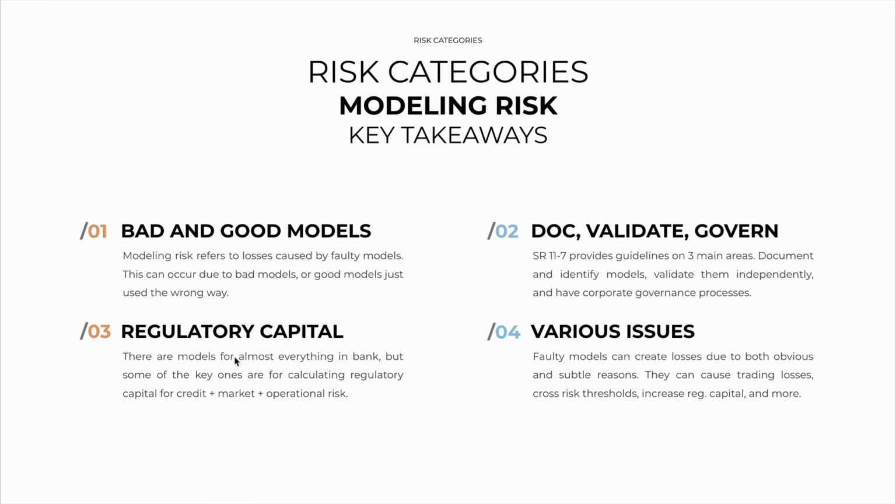That is, if the bank decides to use the internal models approach for each of these three categories. And finally, faulty models can create losses in both obvious and subtle ways. They can cause trading losses, they can make a bank cross risk thresholds, they can increase regulatory capital or decrease it so much that the bank is sanctioned by their supervisor and then the capital is increased because they're downgraded in their approach, and other possible ways.